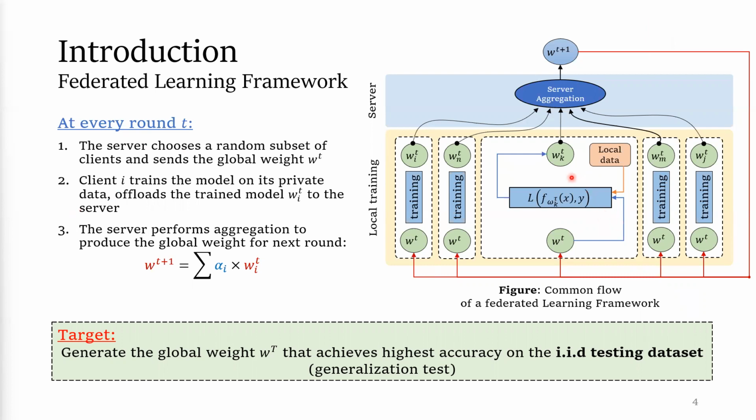First, the server chooses a subset of clients randomly and then send the global weights to those clients. Then the clients perform self-training the received model on their private data sets. After the training process, the weights are sent back to the server where the final step takes place, and the server aggregates the client models to produce the next global model for the next round, and the process continues.